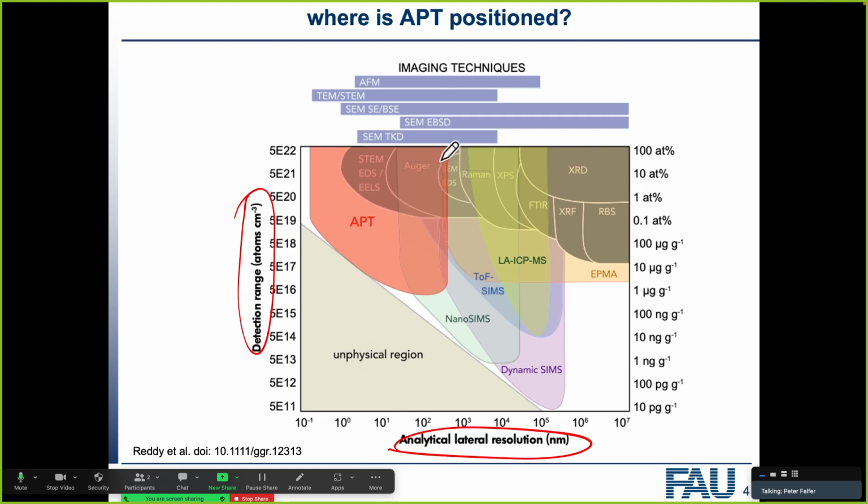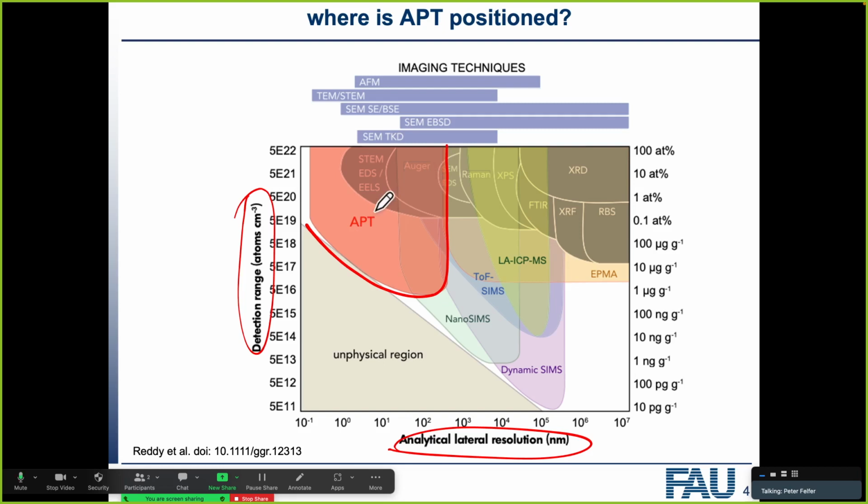So we're at a very high analytical resolution, typically in the range of 1 or 2 nanometers, and in some cases where the field evaporation is very well behaved, it can get better than that. In depth, it's typically much better because we're looking at the evaporation sequence.